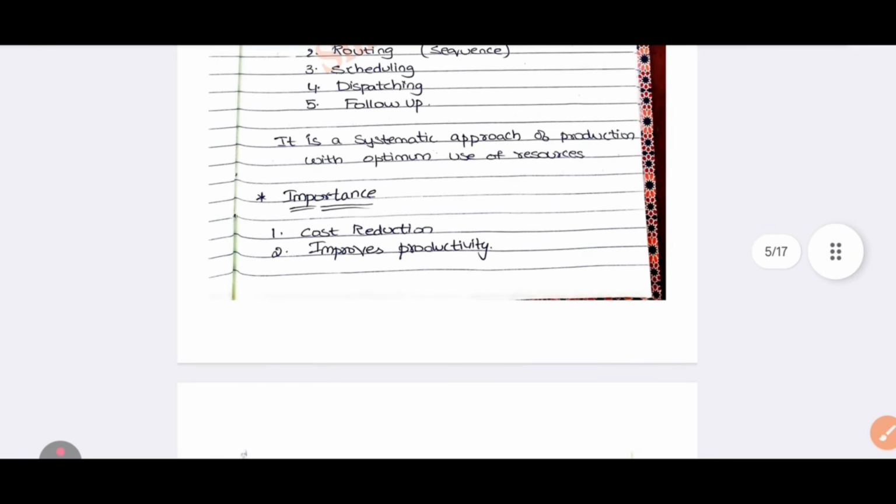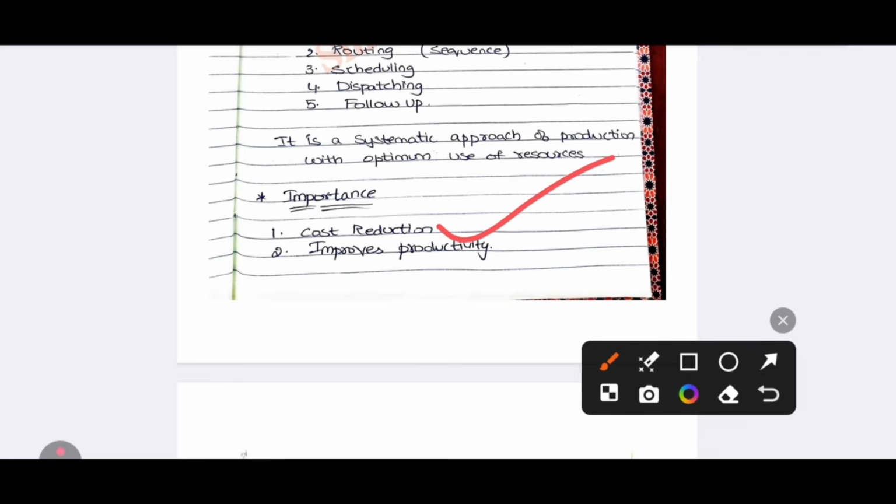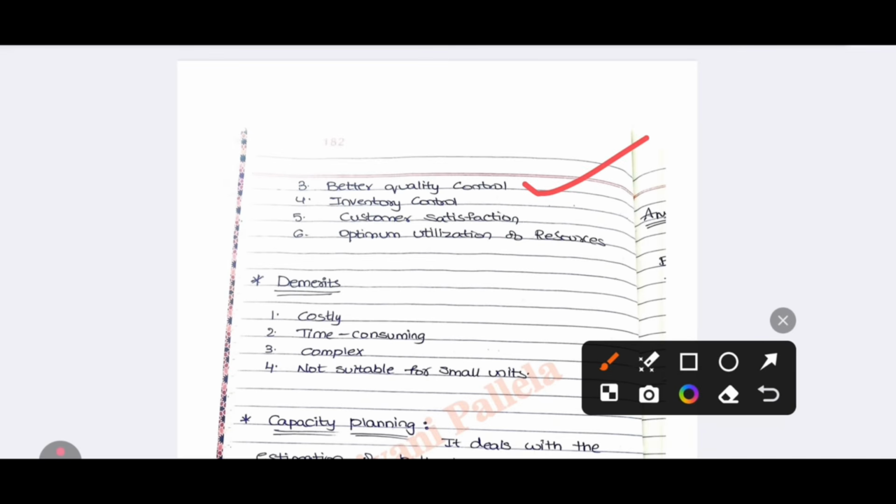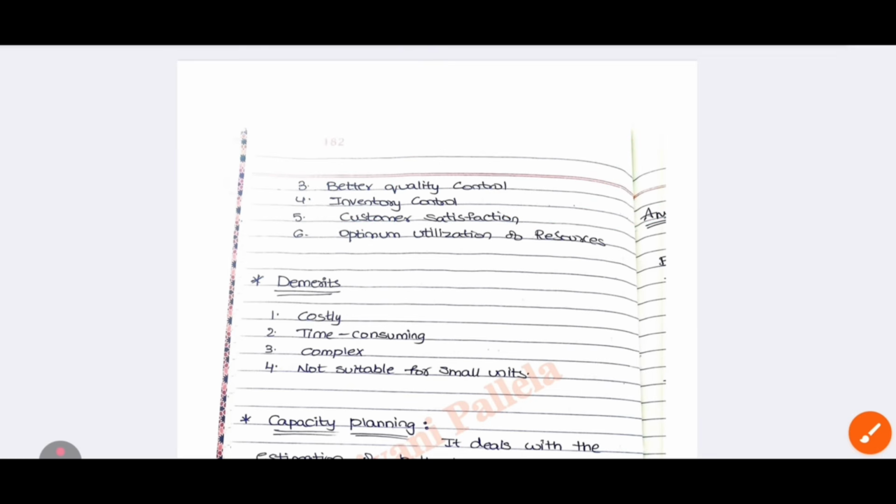Next, what is the importance of this? First, it helps reduce your cost, improves your output or productivity, and helps achieve better quality control. Inventory, which means stock, can also be controlled. Customer satisfaction will be there, and optimum utilization of resources can also be achieved with production planning and control.